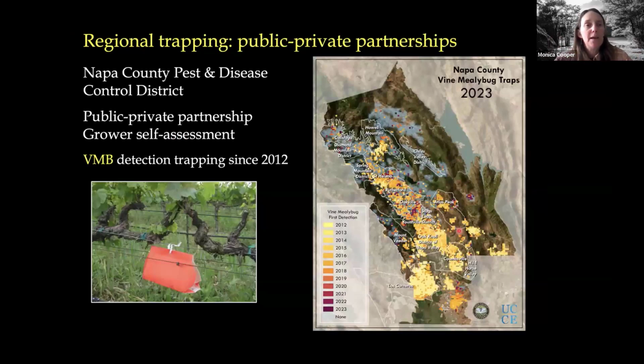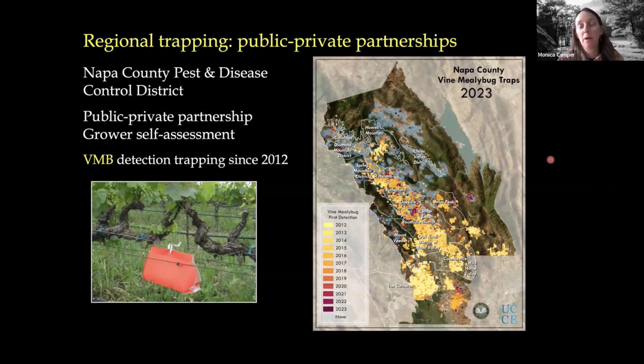The other thing that trapping allowed us to do was to do some regional trapping. So through a public-private partnership and a grower self-assessment, we have in Napa what's called the Pest and Disease Control District. So those funds are collected, they're aggregated through the Ag Commissioner's office, and then a board of 5 growers decides how they're going to spend those funds. Since 2012, we've been doing detection trapping across the county for vine mealybug.